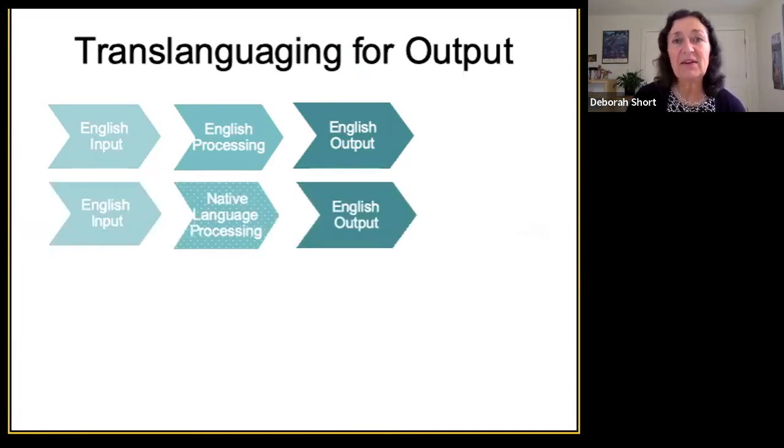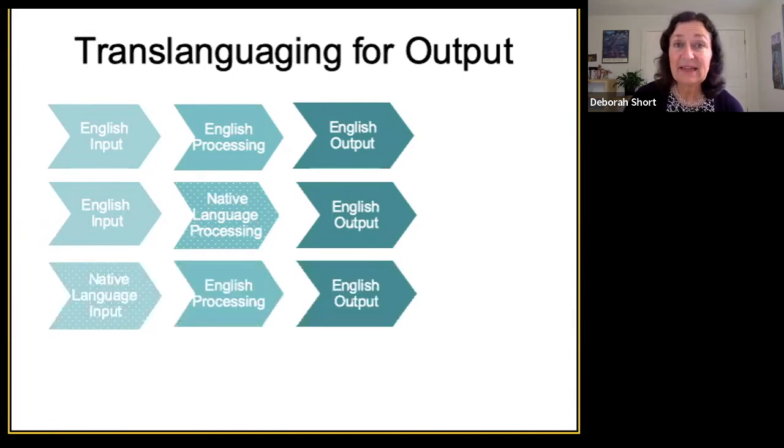It could be that there's input in English, but some students get to do that processing, that activity or task, in their native language. And then they use what they've learned through that native language processing to create some output that's in English. And yet another way would be that they have native language input, perhaps through a supplemental reader or through a website, or just through talking with peers about something in their native language.